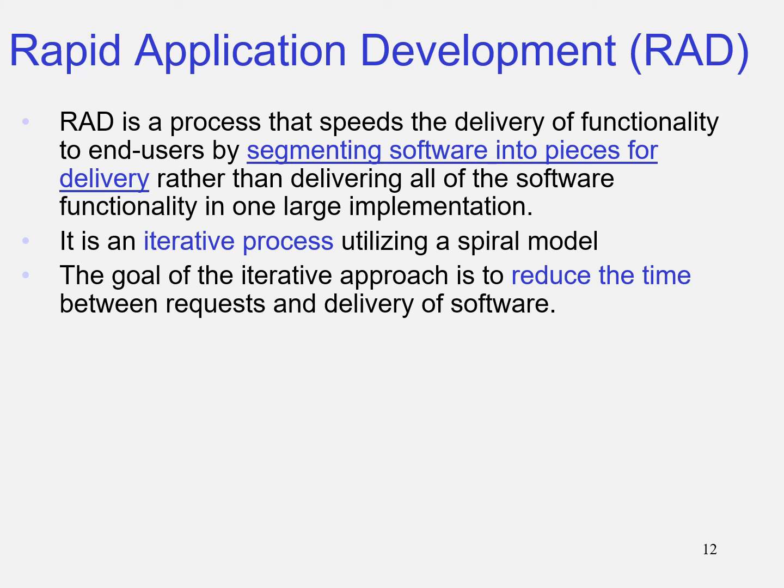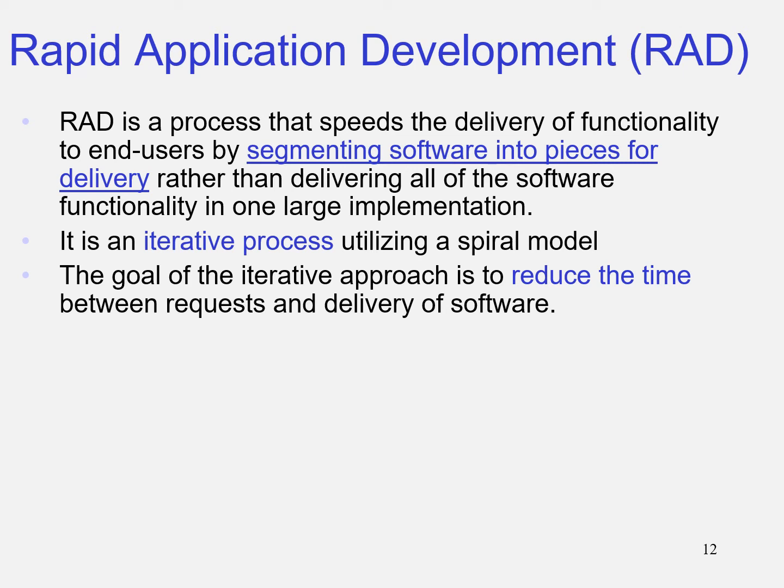So the next methodology that you see is called rapid application development, sometimes shortened to RAD. RAD is a process that speeds the delivery of functionality to the user by segmenting software into pieces of delivery rather than delivering all the software functionality in a large implementation.